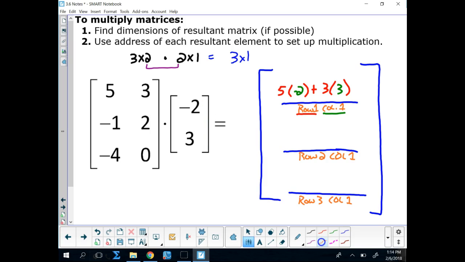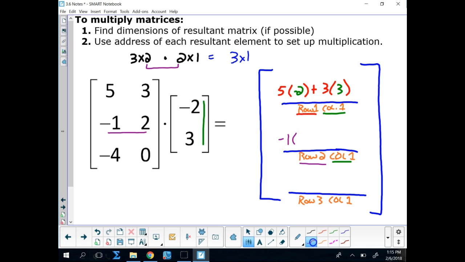Then it's going to be the second row times the first column. Second row of the first one times the first column of the second one.